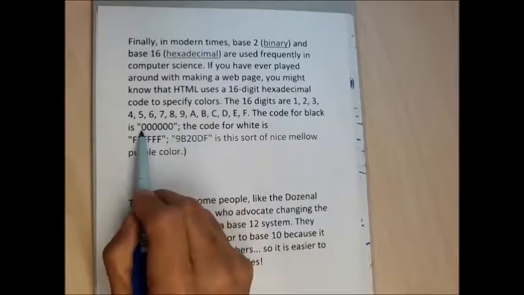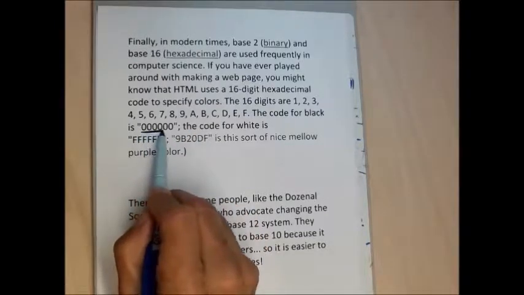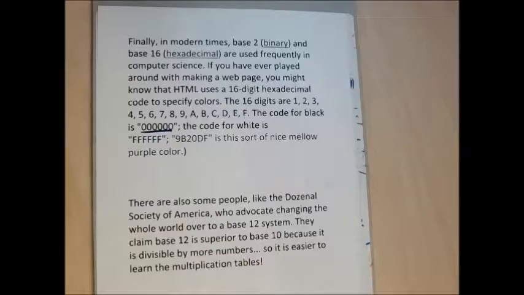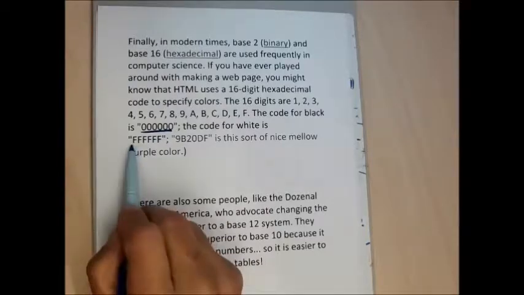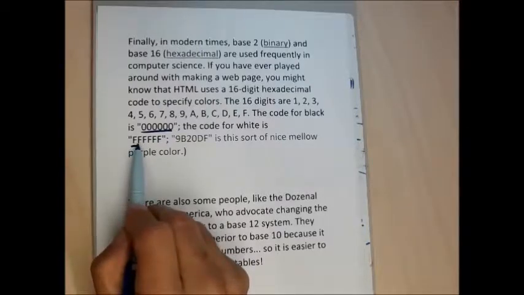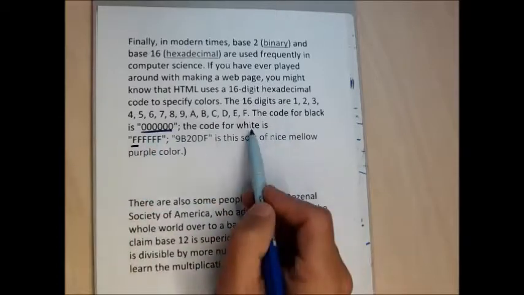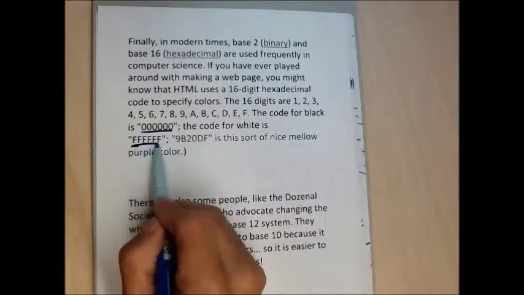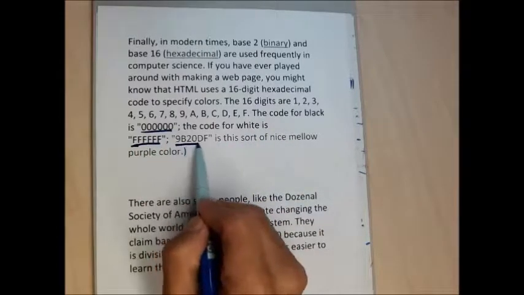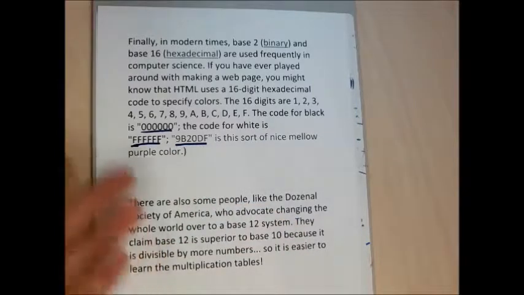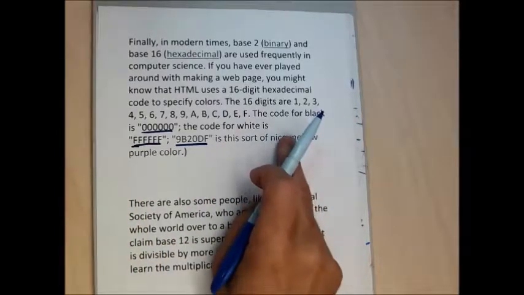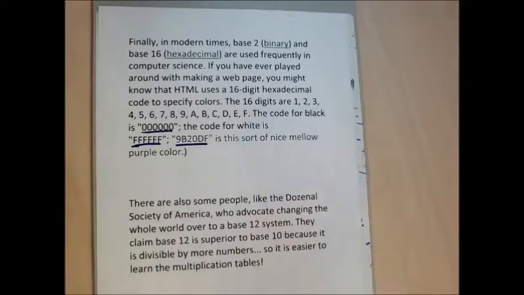Apparently, in the program that I use, the code for black is all zeros. The code for white, I don't remember this, is all Fs. And it just doesn't print so well, but that color, if you opened up my website, which is a purple color, that's the code for it. It's a base 16 number.